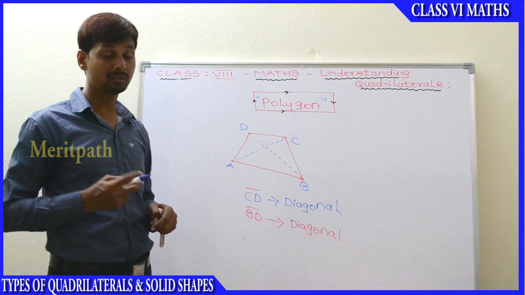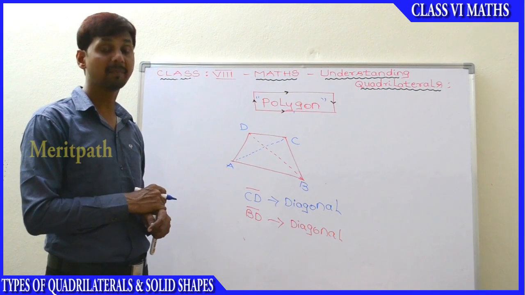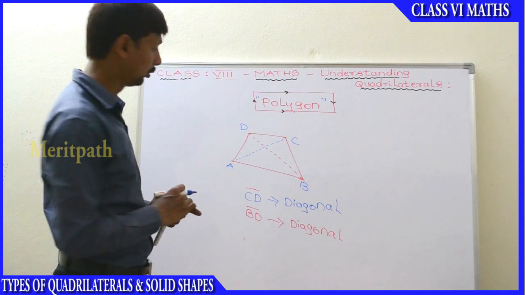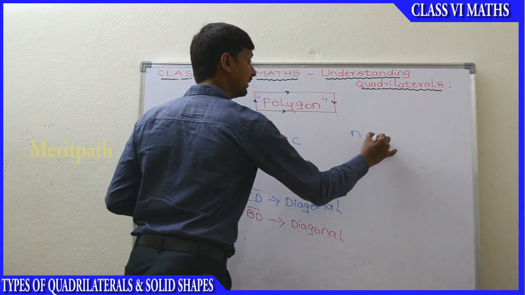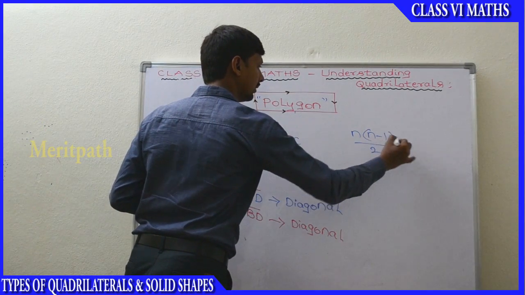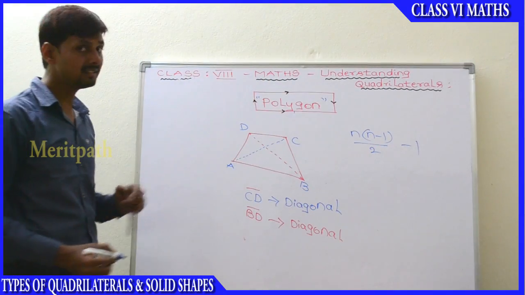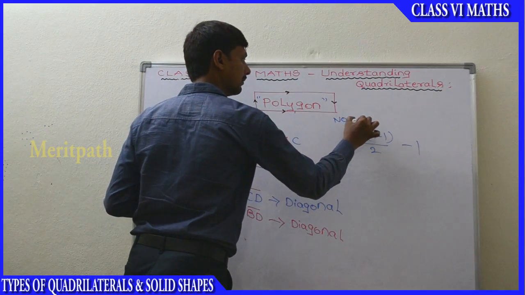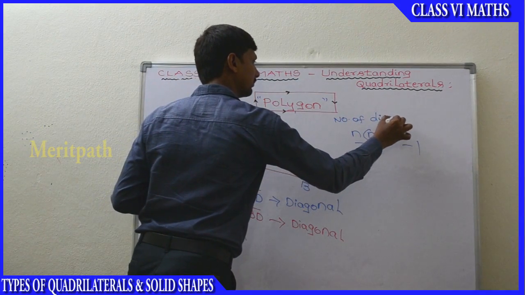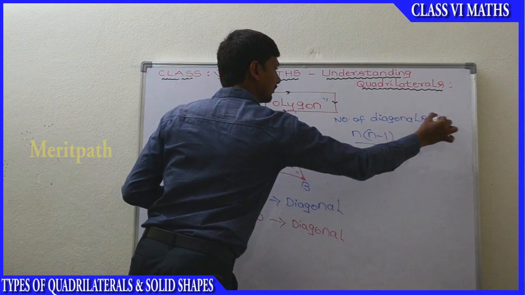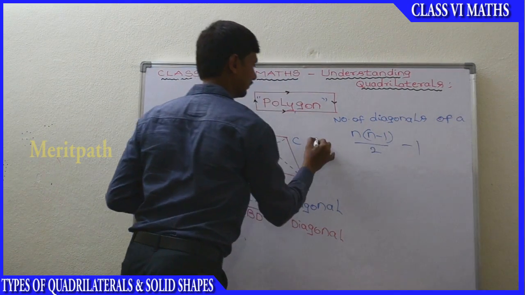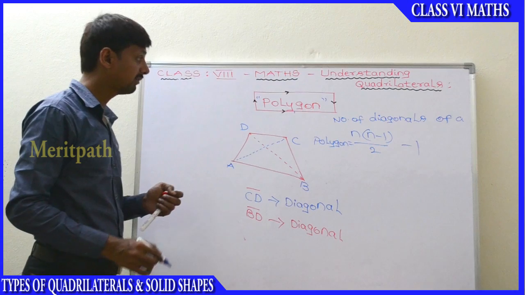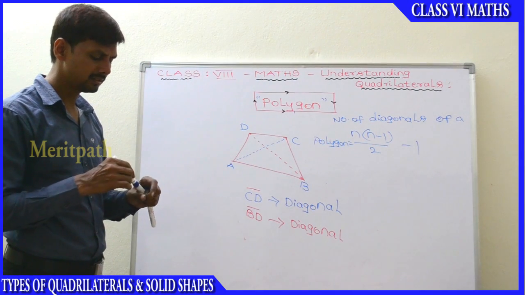To find the number of diagonals of a polygon, we have a rule. The number of diagonals of a polygon is n into n minus 1 divided by 2 minus n.